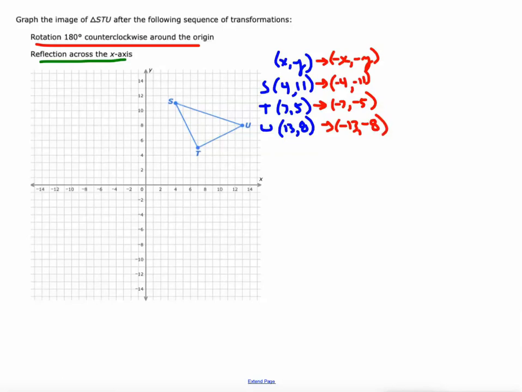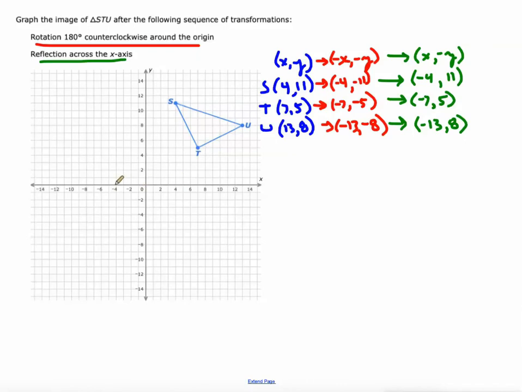Then we have to do our reflection across the x-axis, which the rule for that is (x, -y). So keep x the same, take the opposite of y. In this, we're doing this action on the red values. So -4, +11, -7, +5, and -13, +8. Careful when we come over and plot them. -4, +11, right here. -7, +5, right there.